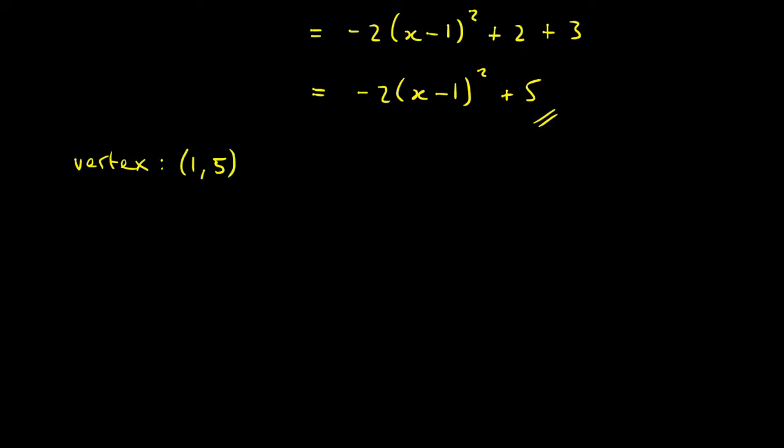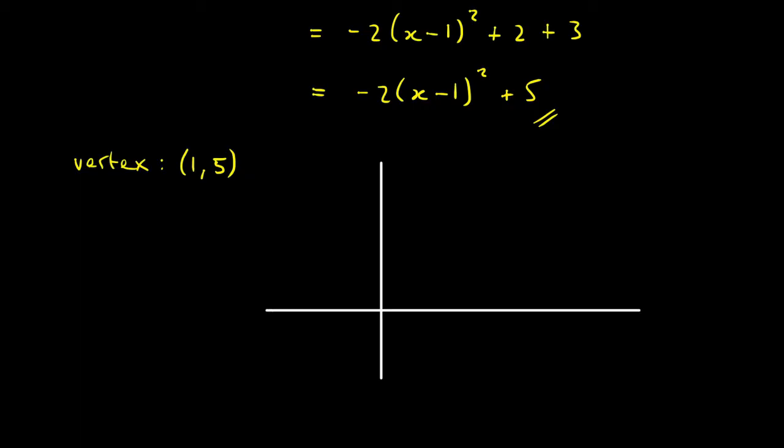Now, just if you're not sure about that, if we've got the general case y equals (x minus m) squared plus n, the vertex will be at the coordinate (m, n). So you've got to remember that this one needs to be the negative, which will often confuse people. So x minus m gives us the x coordinate, and the n gives us the y coordinate. So if we know all of this, then what would our graph look like? Our graph is going to look something like this.